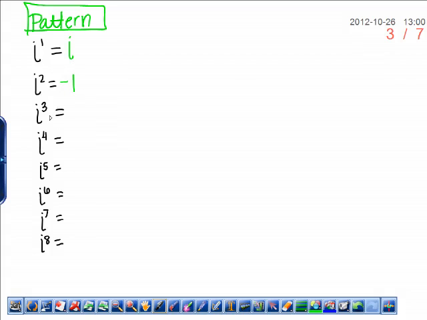Okay? i cubed, let's think about it. i cubed is the same as i squared times i, yes? Okay, because remember with exponents, when we multiply bases that are the same, we can add the exponents. So i squared is negative 1, and i to the first is i. So negative 1 times i, negative i. So i cubed is negative i.